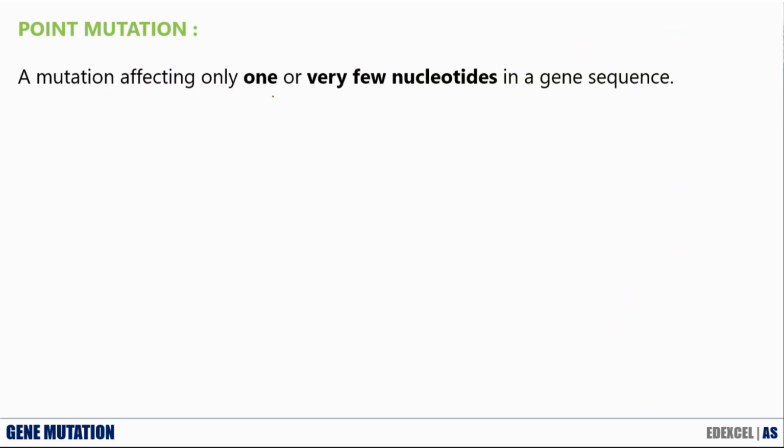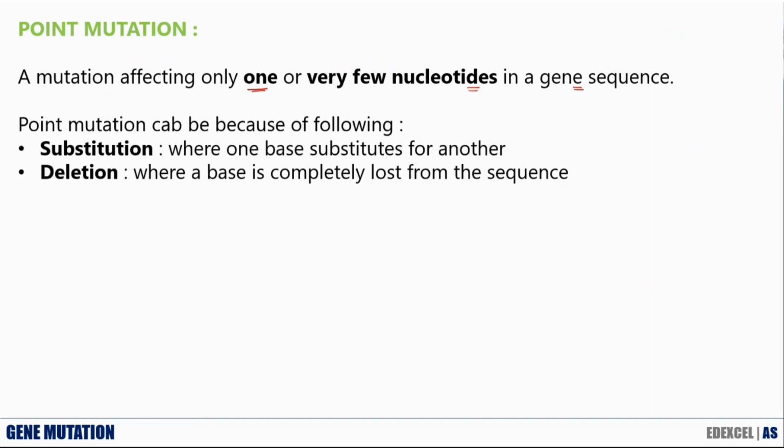So what is point mutation? When only one or two nucleotides in a gene sequence are changed, right? So it could be substitution, it could be insertion, it could be deletion as well. Substitution is where one base substitutes for another, while deletion is where a base is completely lost from the DNA sequence or gene sequence.